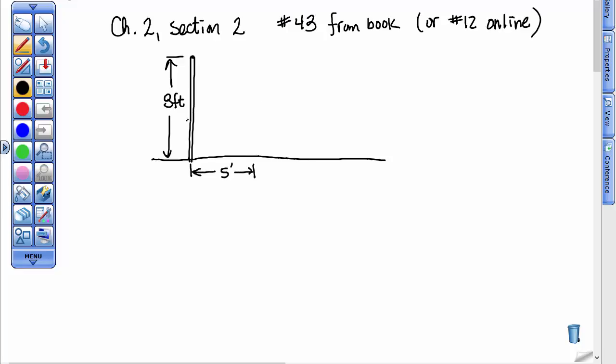Say it cracks right here, then this section right here, I'm going to do this in blue, falls and goes down right there. So that's the section that fell. It went down like that.